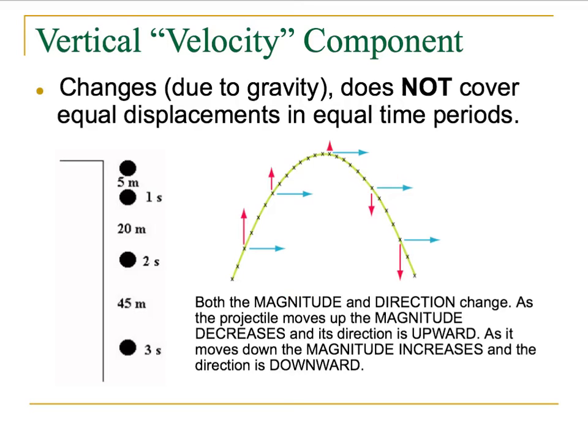So the magnitude is saying that these values are getting smaller and then they get bigger. So that's the magnitude changing. And then the direction also changes. The projectile is moving up at first, and then it begins to fall down. Keep in mind here that the acceleration is constant, and the acceleration is equal to negative 9.8 meters per second squared in the vertical direction, whether it's going up or down.